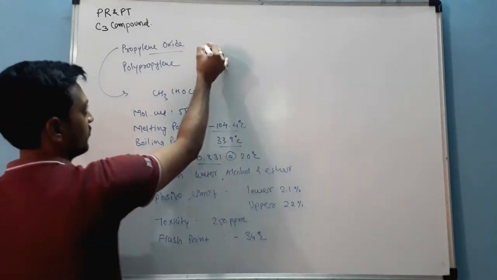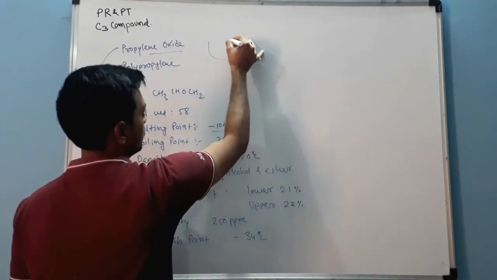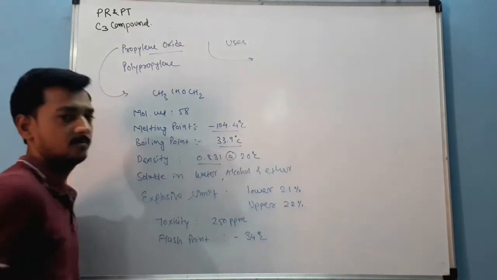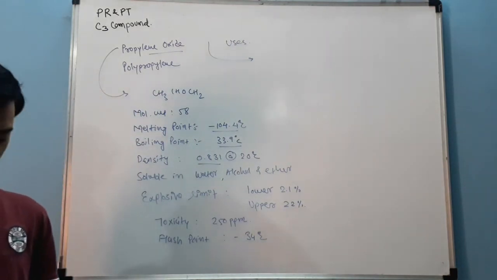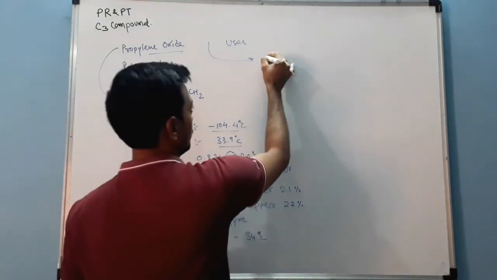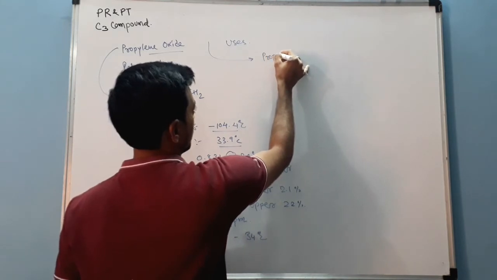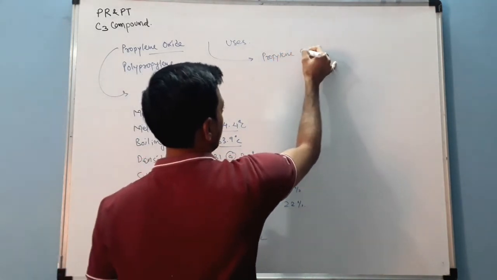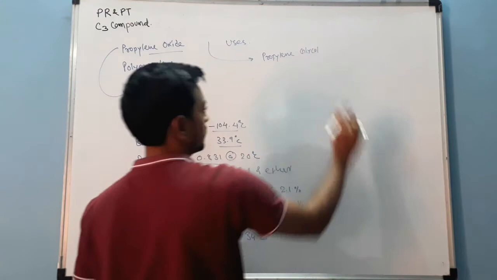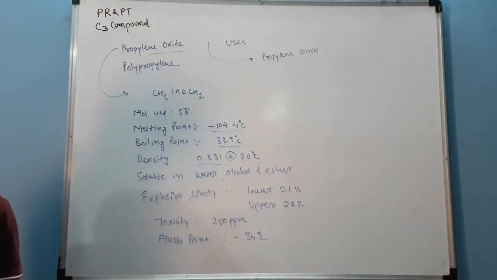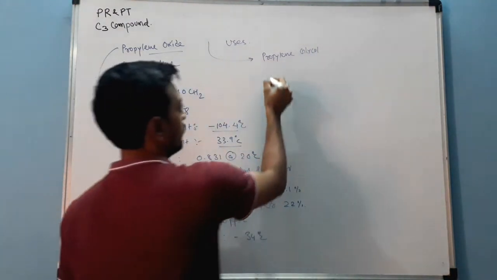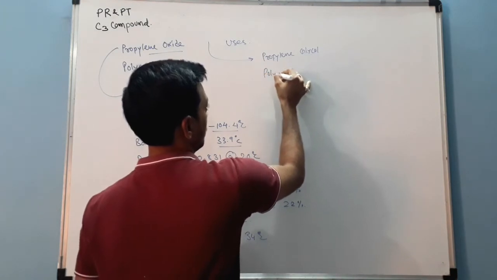Uses of propylene oxide: it is used for the manufacturing of propylene glycol. It is used for the manufacturing of polypropylene glycol.